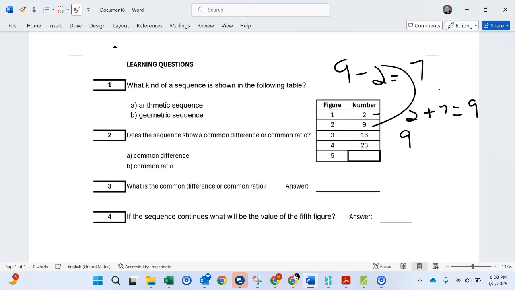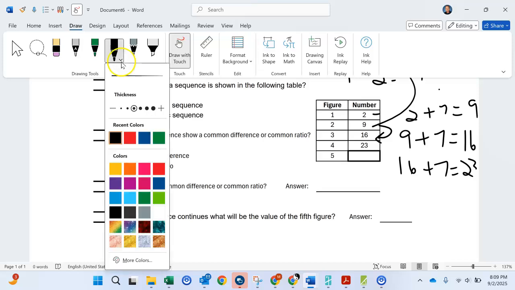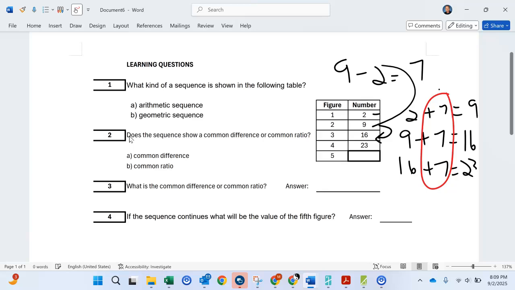Well, then we go 9 plus 7 equals 16. So yes, I'm going to try it one more time. 16 plus 7 equals 23. Yes. So that means that it goes up every time by plus 7, right?